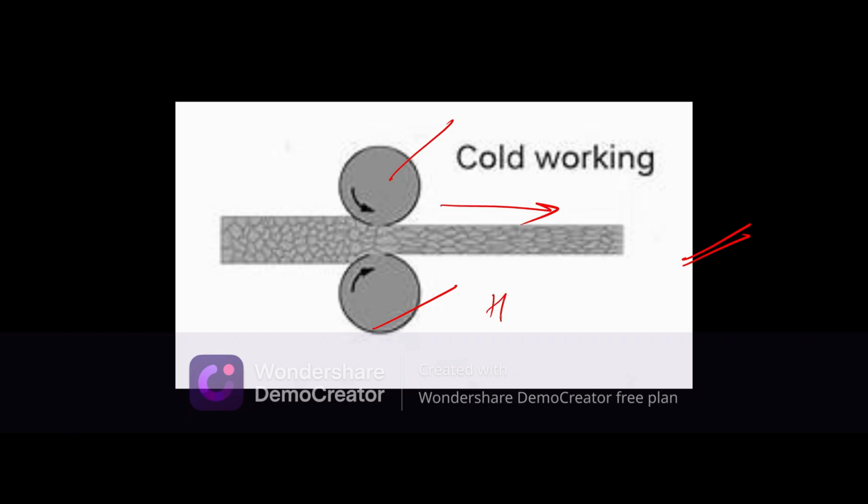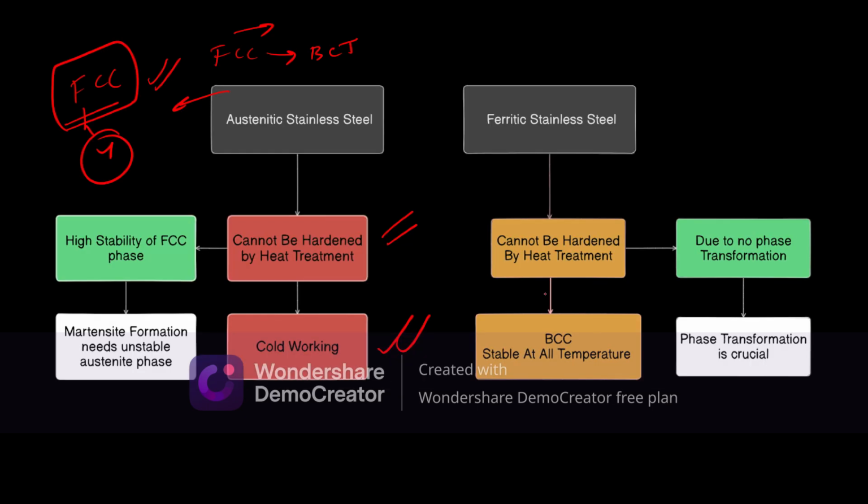So in that direction, hardness increases. So this is the one way to increase the hardness of austenitic stainless steel. But we cannot perform heat treatment. Why? Because as I told, high stability of FCC phase due to gamma stabilizer, and to form martensite we need unstable austenite, and that is difficult in this case.